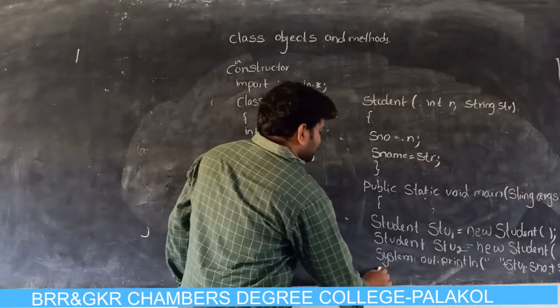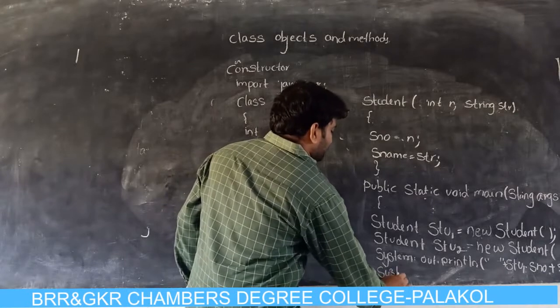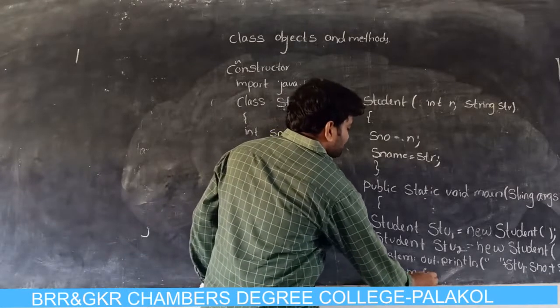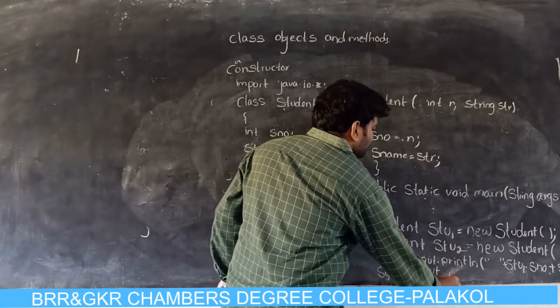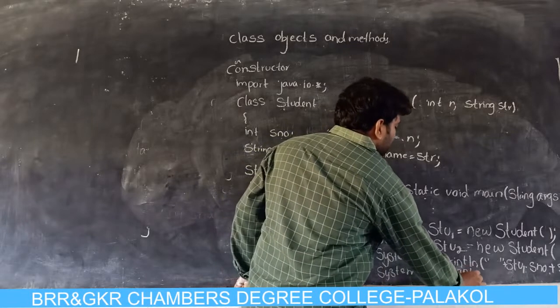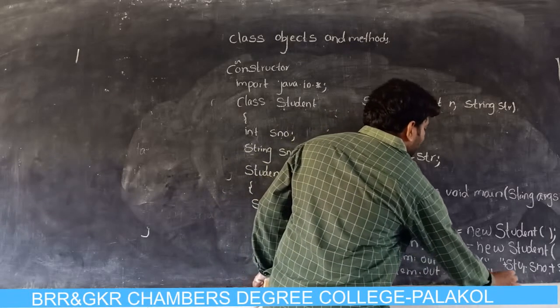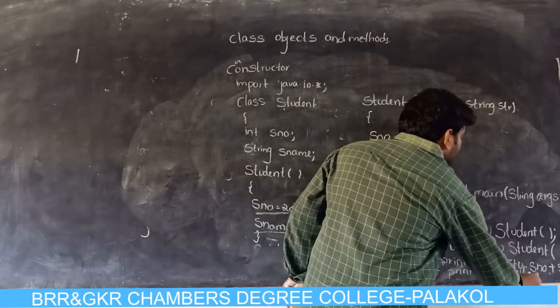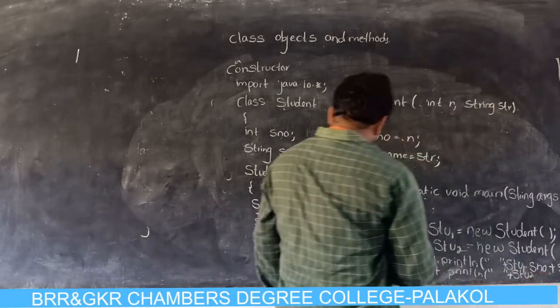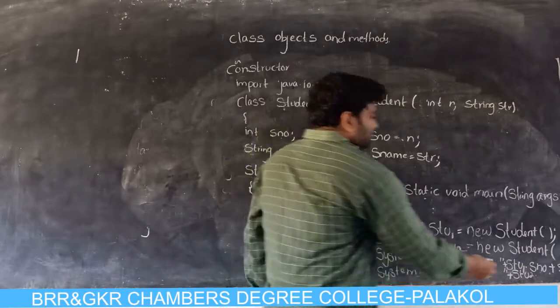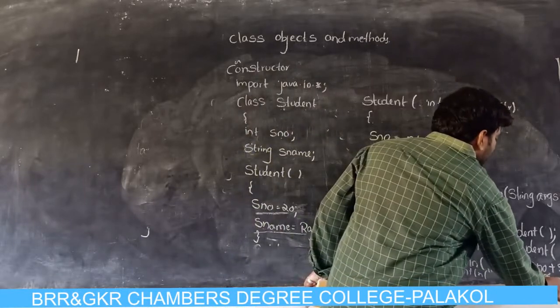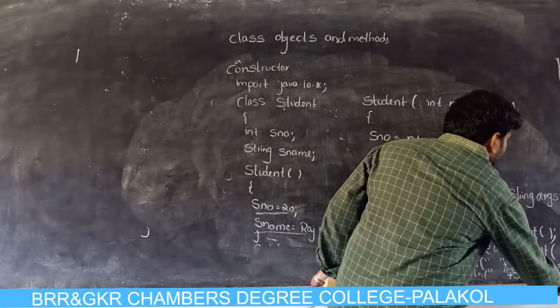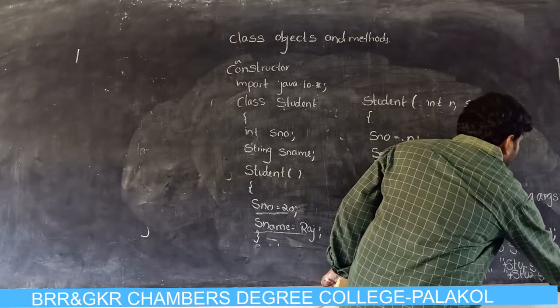Next, System.out.println: you write stu2 dot s number plus stu2 dot s name.